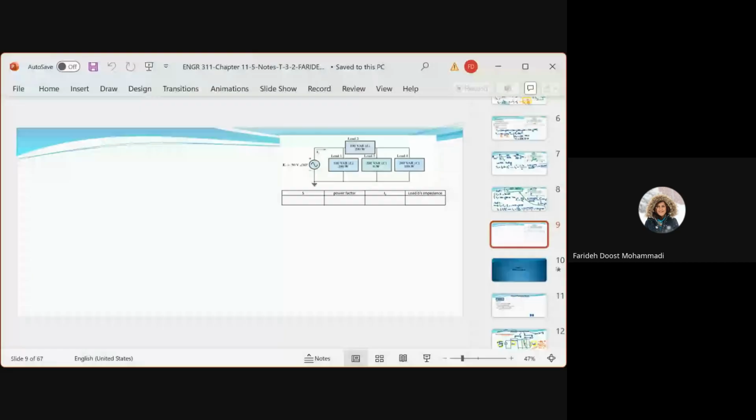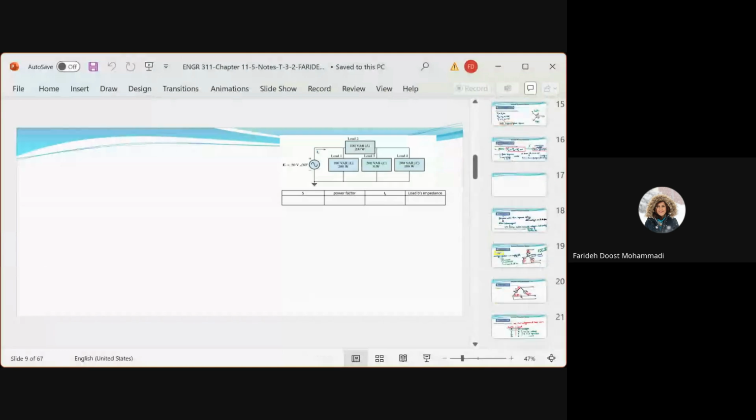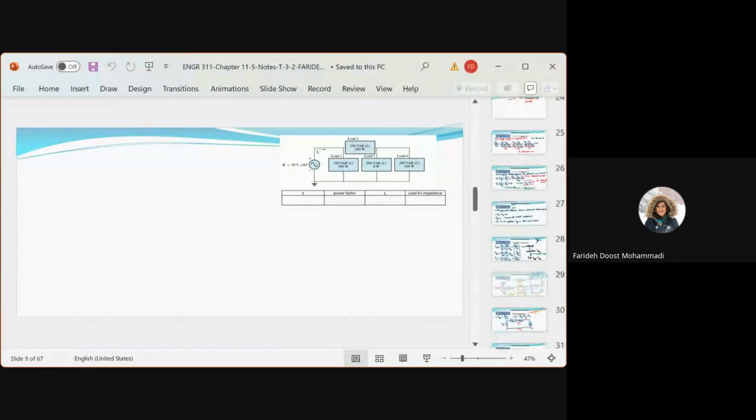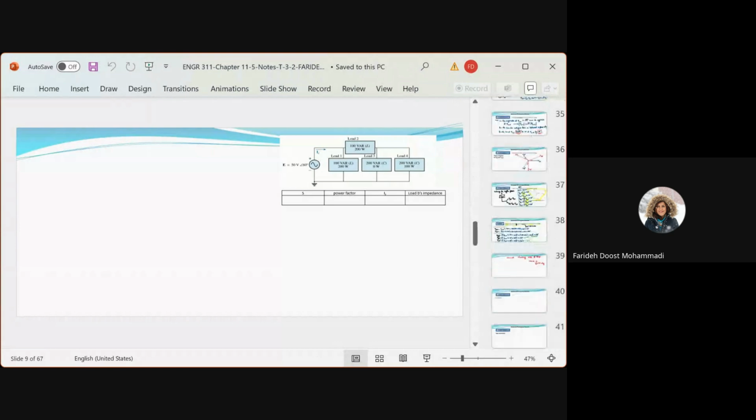Okay, can you see my screen now? Okay, perfect.